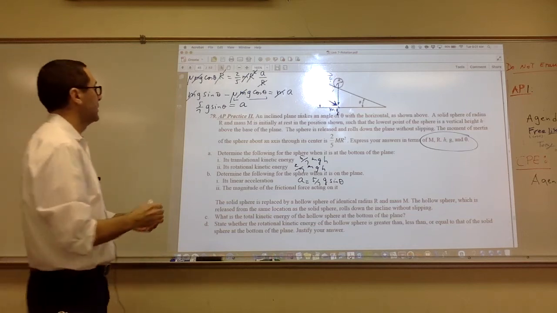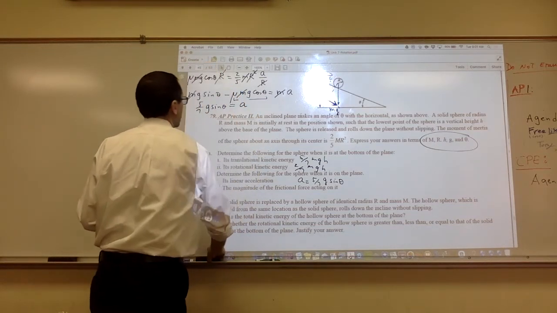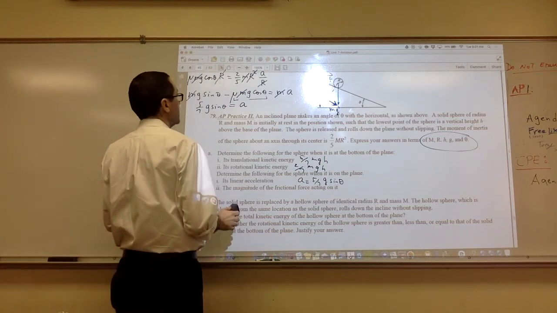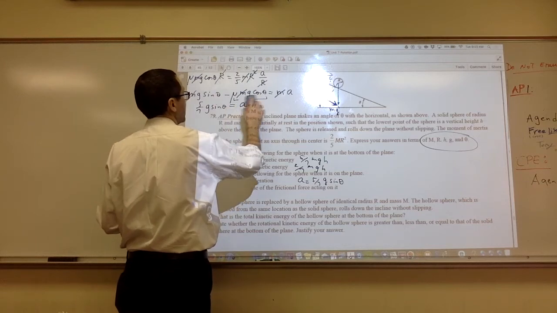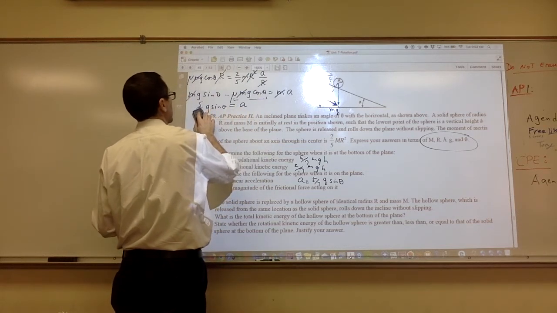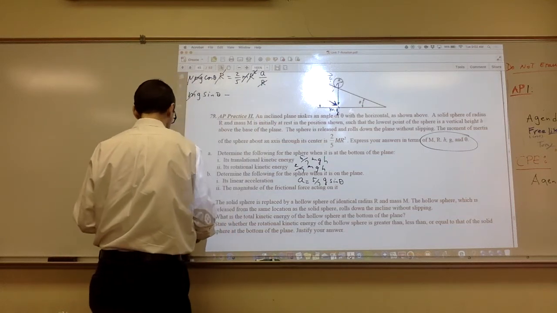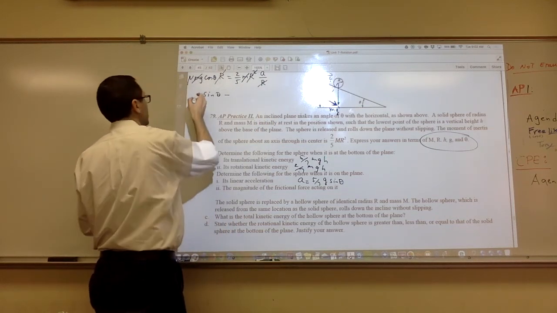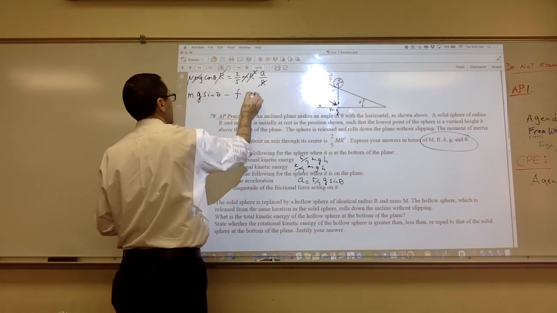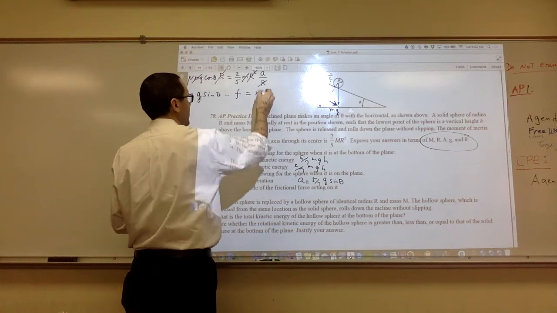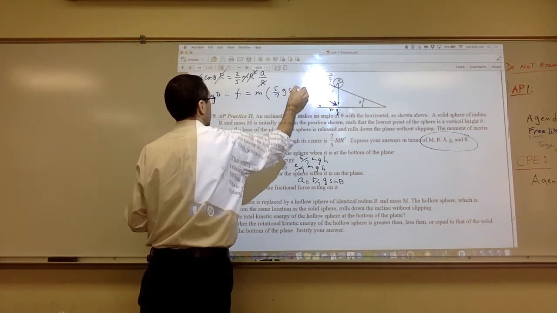Now to find the magnitude of the frictional force, I think we can replace a. So we're going to do mg sine theta minus this frictional force equals ma. And a is 5/7 g sine theta.